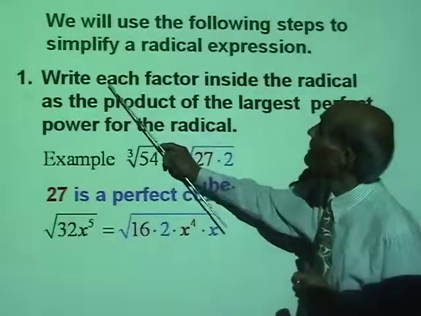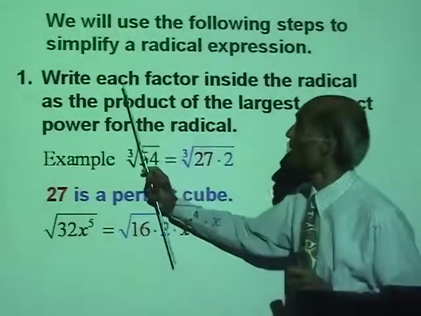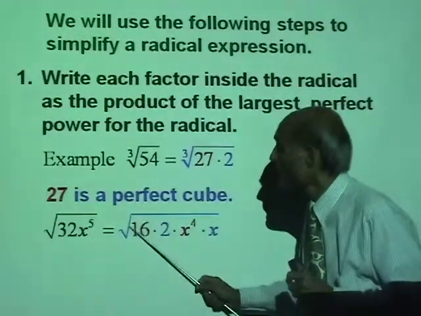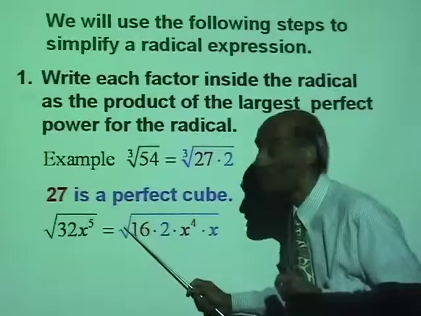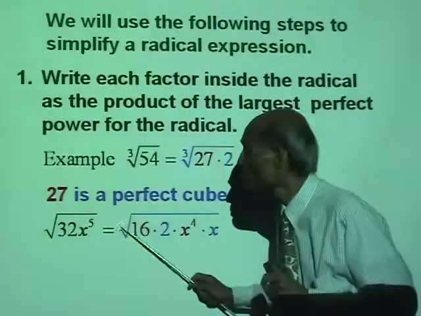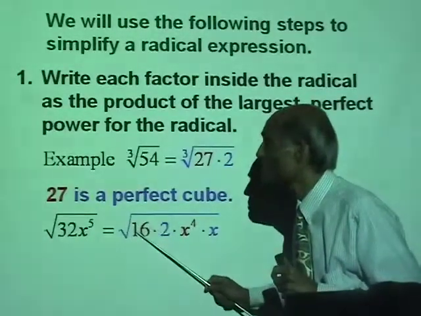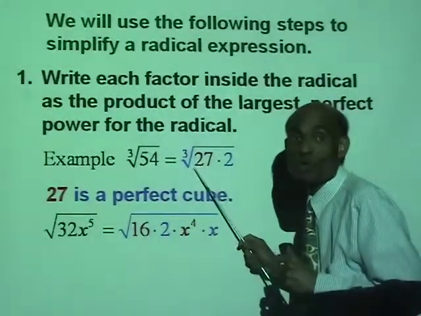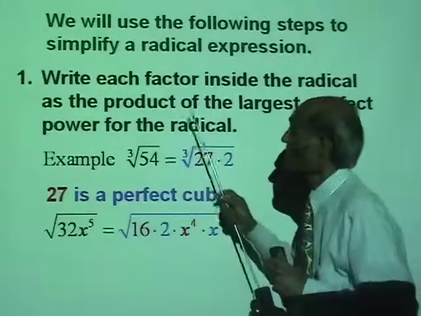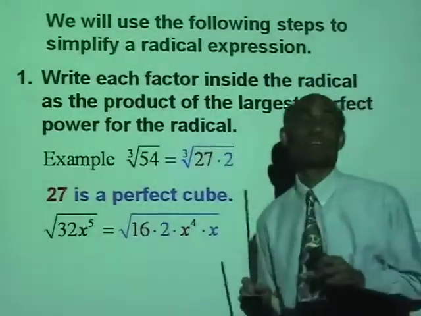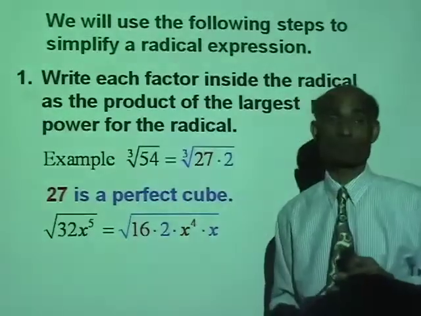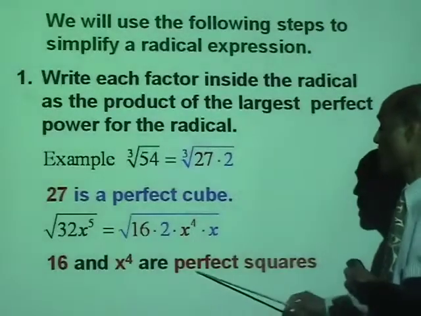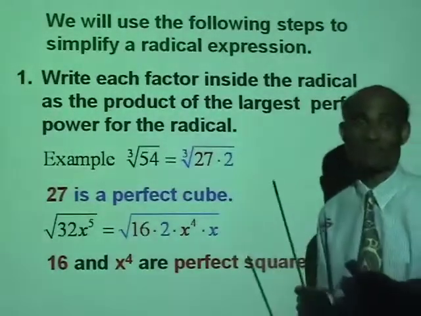So this is what is meant by the first step. Write each factor as the product of a perfect power for that radical. This is the square root, so this must be a perfect square. In this case, this is a cube root, so you must look for perfect cube. That is what the first step means. Alright, 16 and x to the power of 4 are perfect squares.